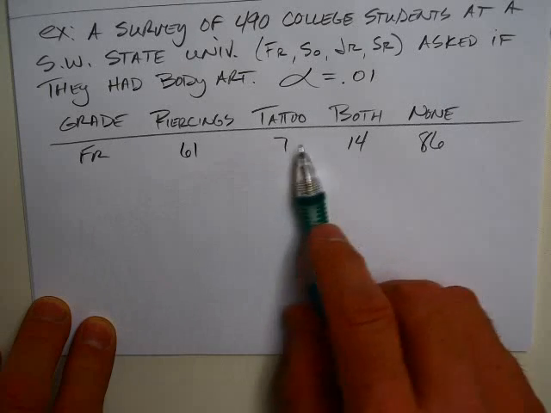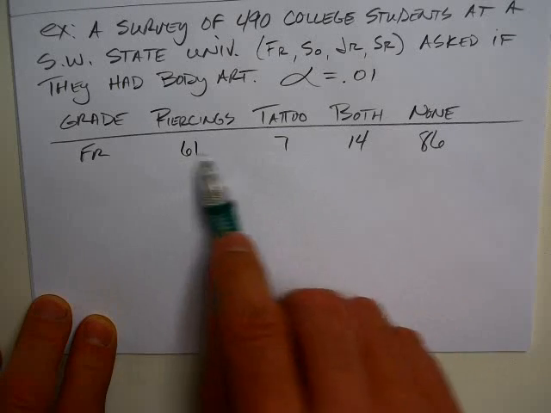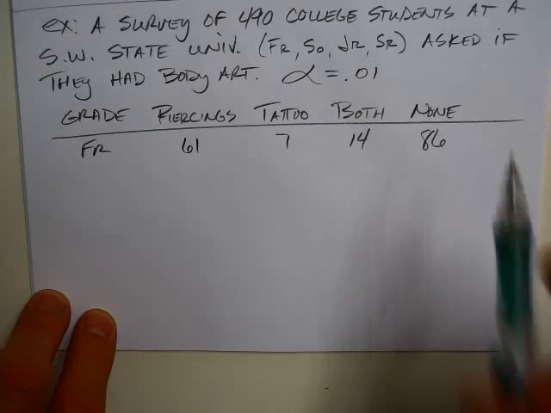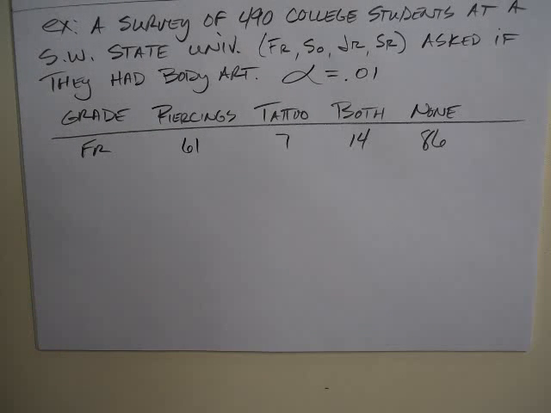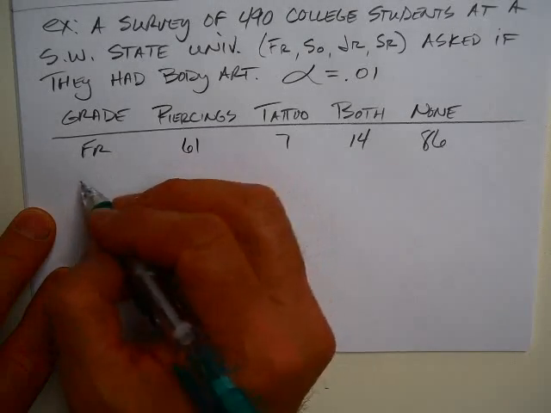It doesn't appear so because the tattoo is less than both, right? So if you were getting the total, you'd have to add all these guys up. You always want to watch your numbers to be careful that people aren't being counted twice, but the total would be the sum of all those.